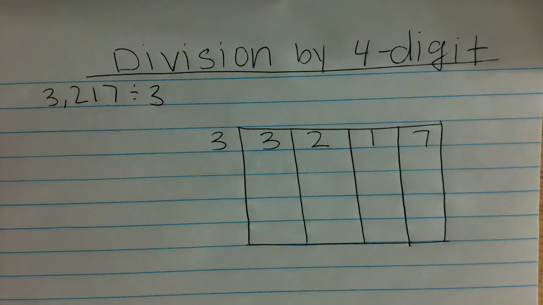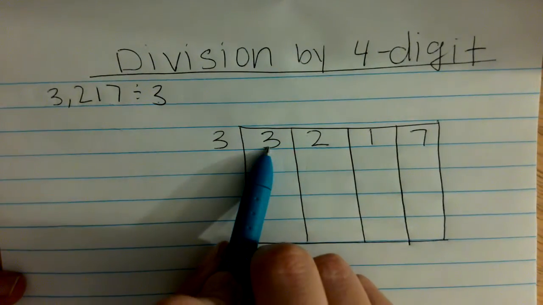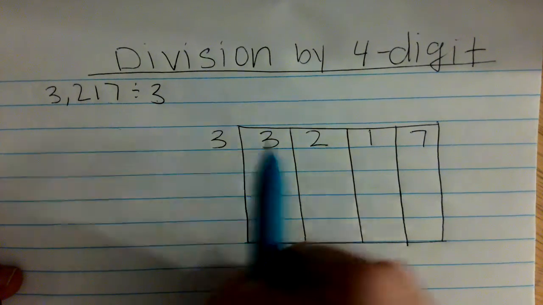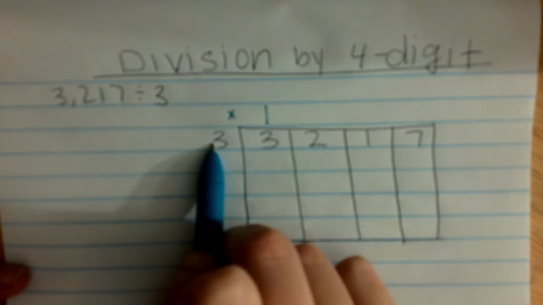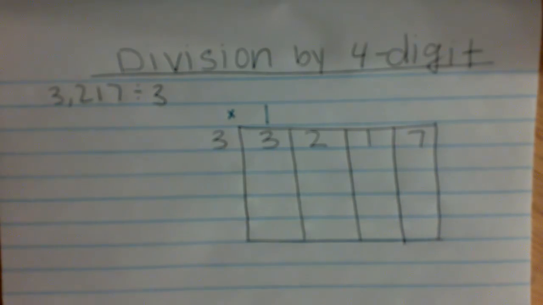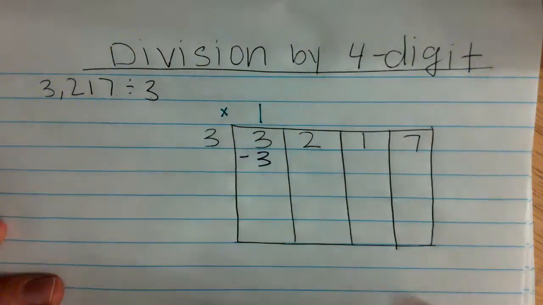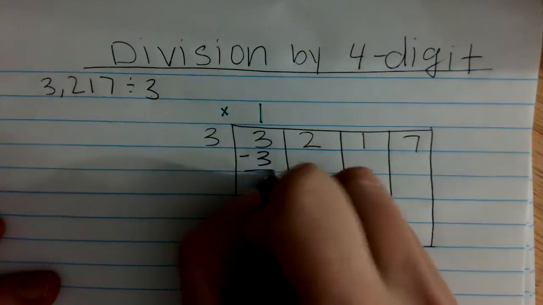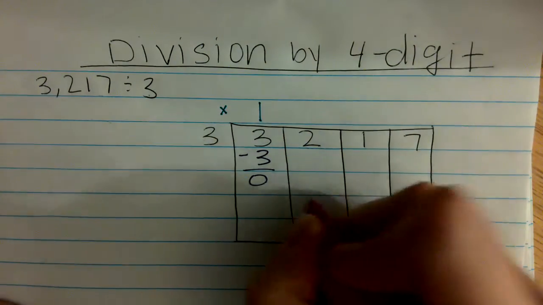Right, so we're going to do the same exact thing that we did the last time. How many times does 3 go into 3? One time. So then I take 1 times 3 is 3. So I'm going to subtract 3, and that gives me 0. Well, I've got to carry my 0 over.